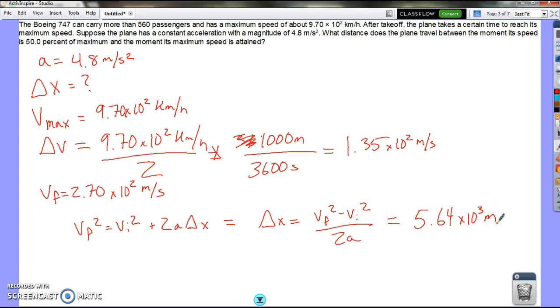Our numbers are 3 sig figs, 2 sig figs, 3 sig figs, so we need 2 sig figs. So our answer is just 5.6 times 10 to the 3rd meters.